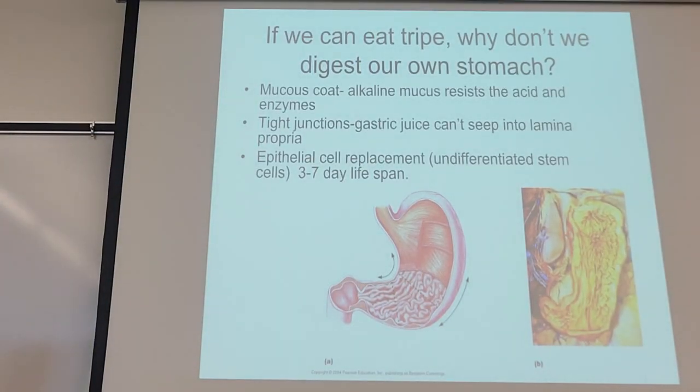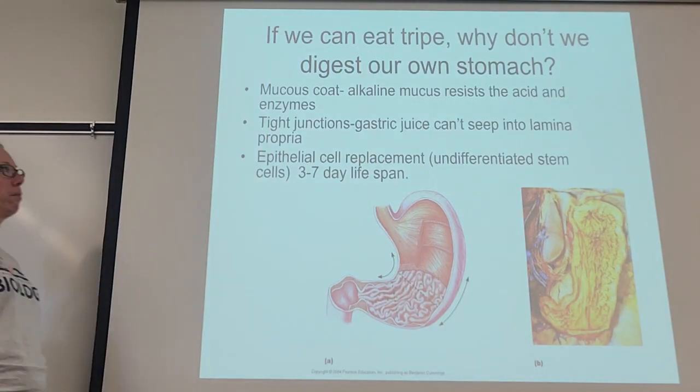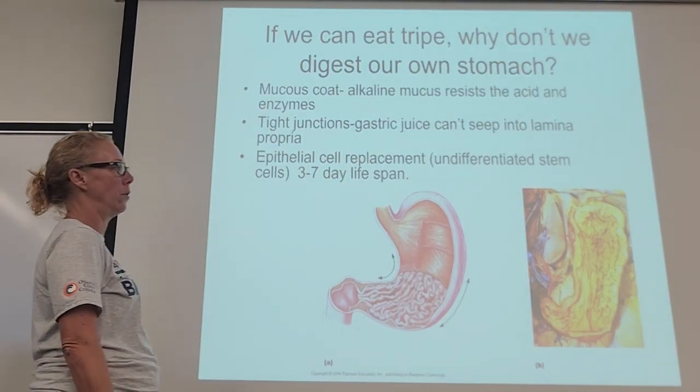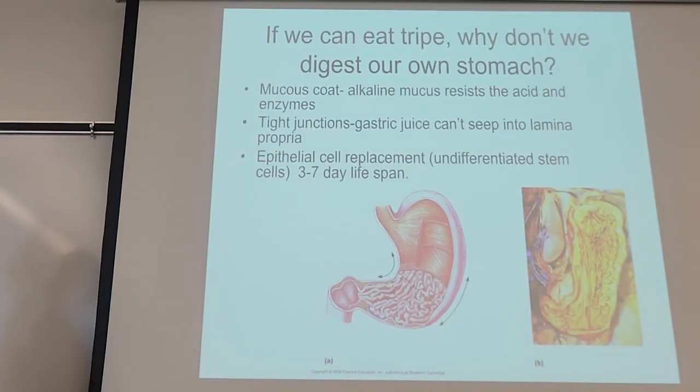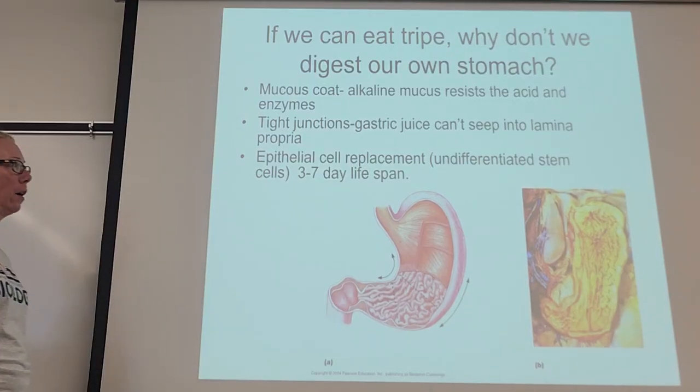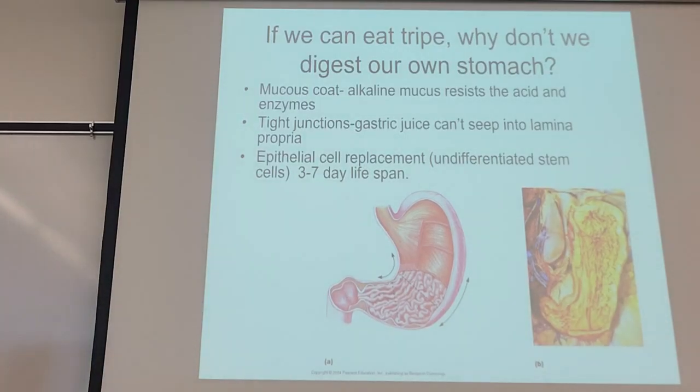Okay, so how is it that we don't digest our own stomach, let alone eat other animals' stomachs, which some people do in their diet, like tripe, okay? So there's ways that protect us from digesting our own stomach and allow us to eat other stomach if we chose to, okay? So you have the mucus coat that really helps kind of resist a highly acidic environment.